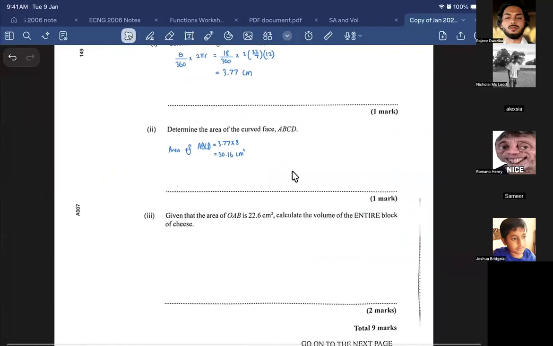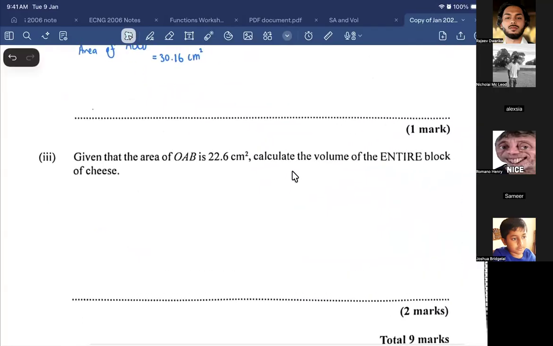Part 3 now. Given that the area of OAB is 22.6 centimeters squared, calculate the volume of the entire block of cheese.